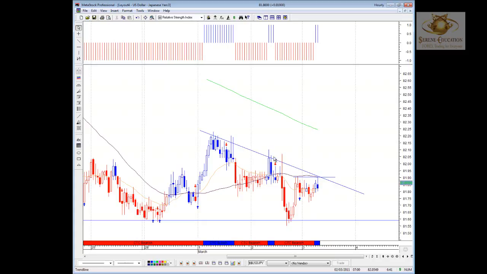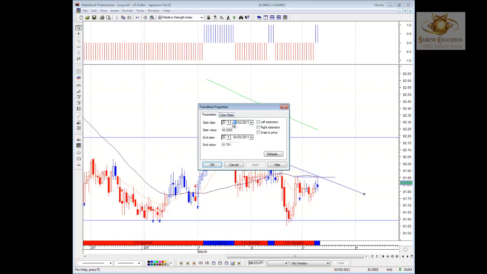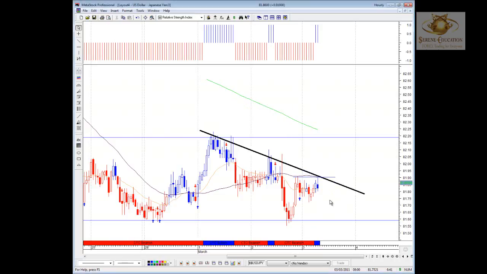Remember, the swings to the downside. A break of this and the break of that previous swing over here would see ideally a trade back up to the 82.20 mark, which would bring us in line with the 200 period moving average on an hourly. So you can see that on an hourly chart there's got to be a lot of momentum to the upside to actually break this range. Otherwise, what we could do is just see the pair smack into this trend line on this time frame and just drag the pair lower.